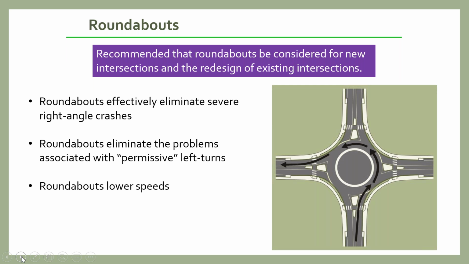That change in impact angle actually has a significant change in the kinetic energy involved in that crash. It reduces the kinetic energy by about as much as if the speeds of the colliding vehicles were about 20 miles an hour less.